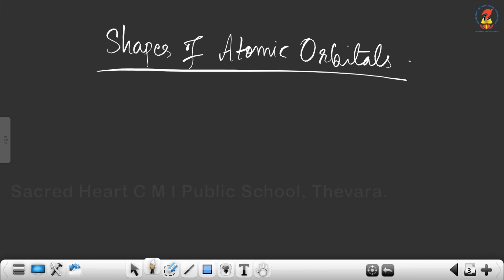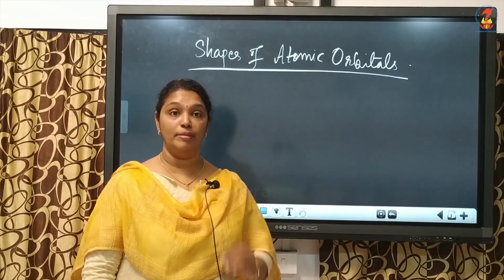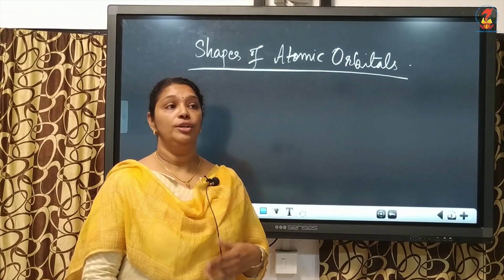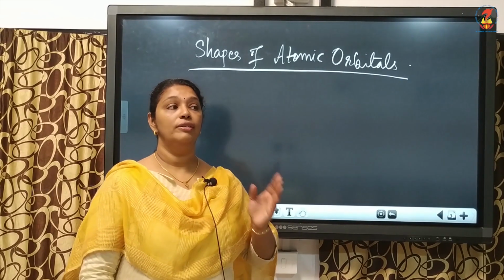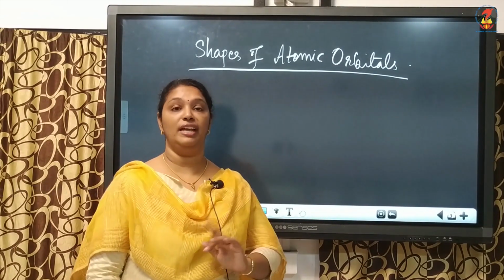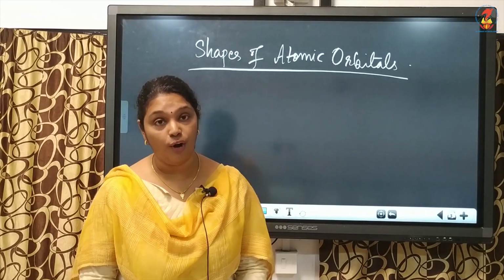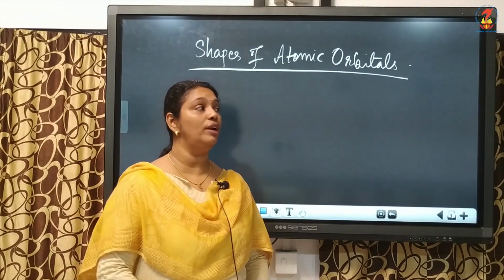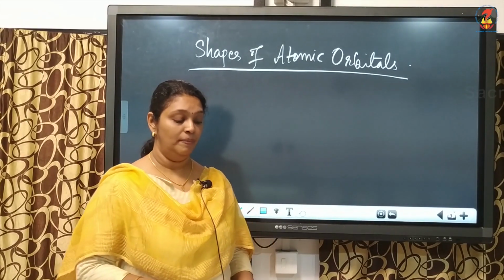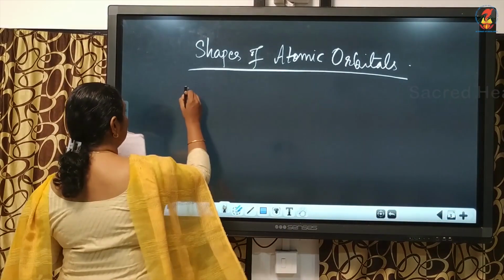Now, we are going to study the shape of s, p and d orbital, and I told you in chemistry in class 11 and 12, you need to study only about the 4 subshells s, p, d and f. So, we have the 4 orbitals s, p, d and f orbital, but the shapes you are going to study only for s, p and d. So, let us see the shape of s orbital.